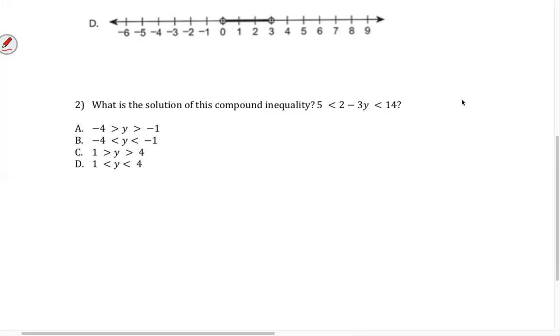Let's make sure they make sense, okay? This says -4 is greater than y, which is greater than -1, right? Does that make sense to you? No, right? Because how could -4, if we take that y out, be greater than -1? It's not possible. Does B make sense? Is -4 less than y, which is less than -1?